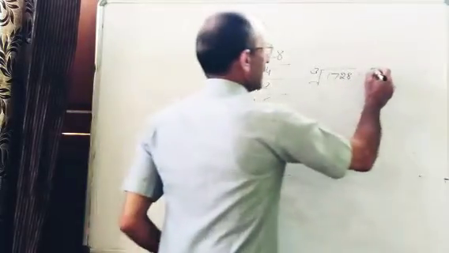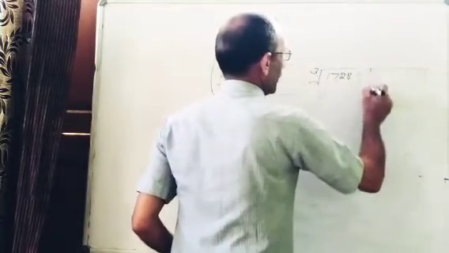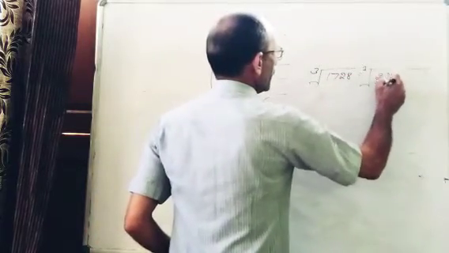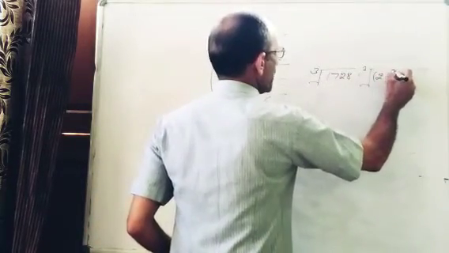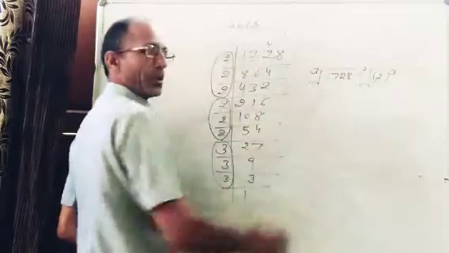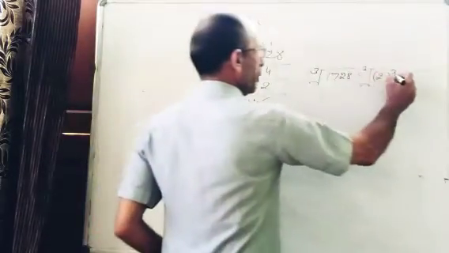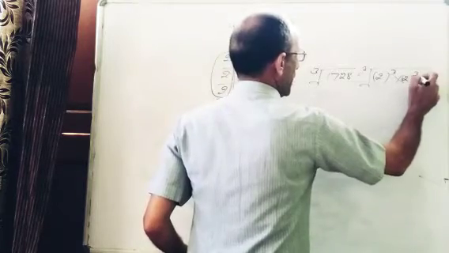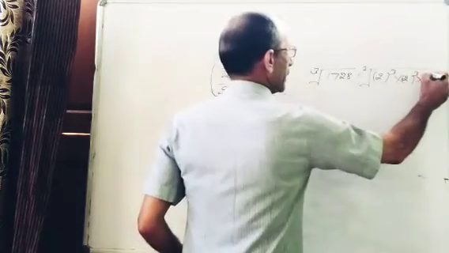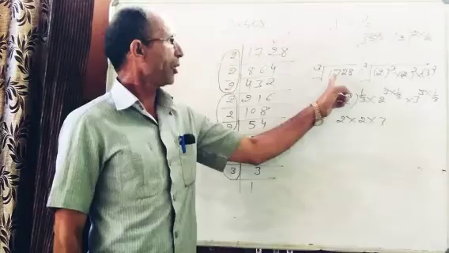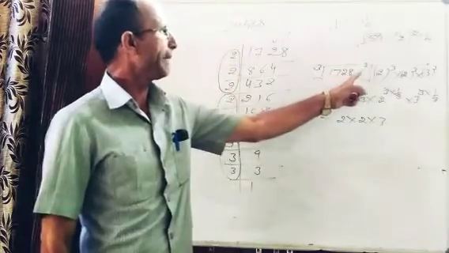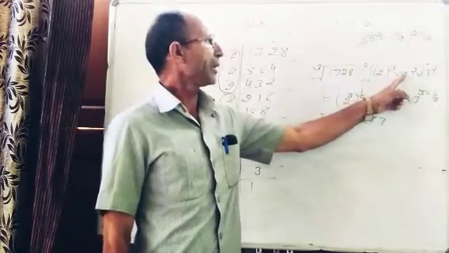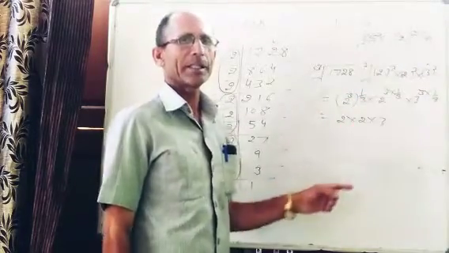1728 will be equal to 2 cube. It means 2 is multiplied 3 times. You can write 2 cube. This also 2 cube. This also 3 cube. So 1728 is equal to 2 raised to the power 3, 2 raised to the power 3, 3 raised to the power 3.